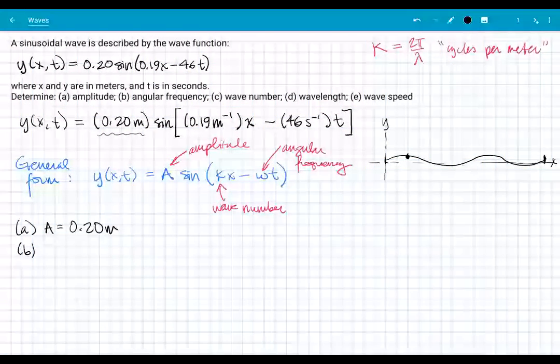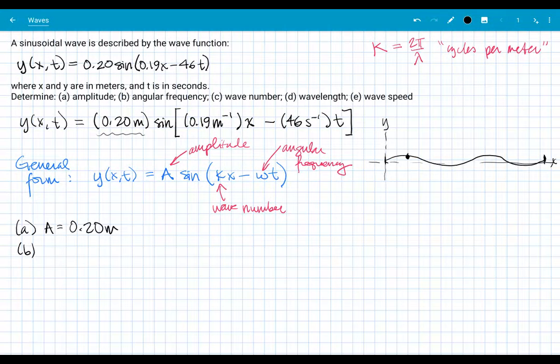Part B, what is the angular frequency? Again, I need to know the equation and know where to look. The angular frequency is the quantity that's multiplied by t. So angular frequency is 46 seconds to the negative 1, or you can also write it as 46 radians per second.